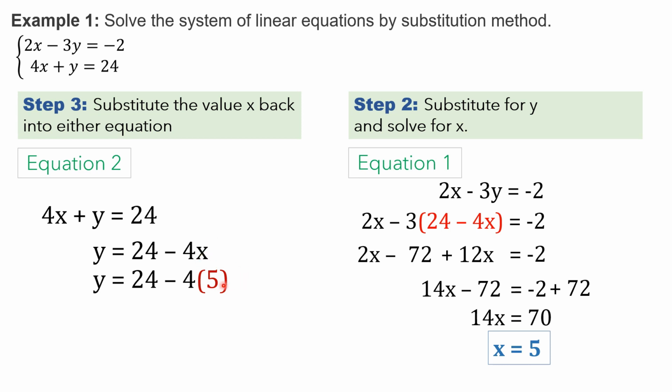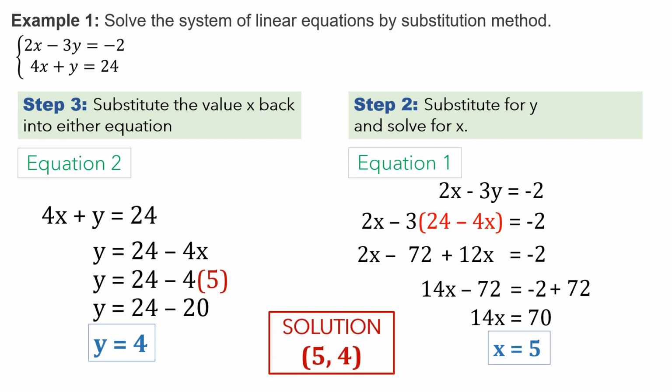Remove x and change it with 5. After that, simplify. 4 times 5 will give us 20. Therefore, when you combine it with 24, 24 minus 20 will give us positive 4. So now we have the value for y, which is equal to positive 4. Therefore, the solution of this system of linear equations is 5 and 4.